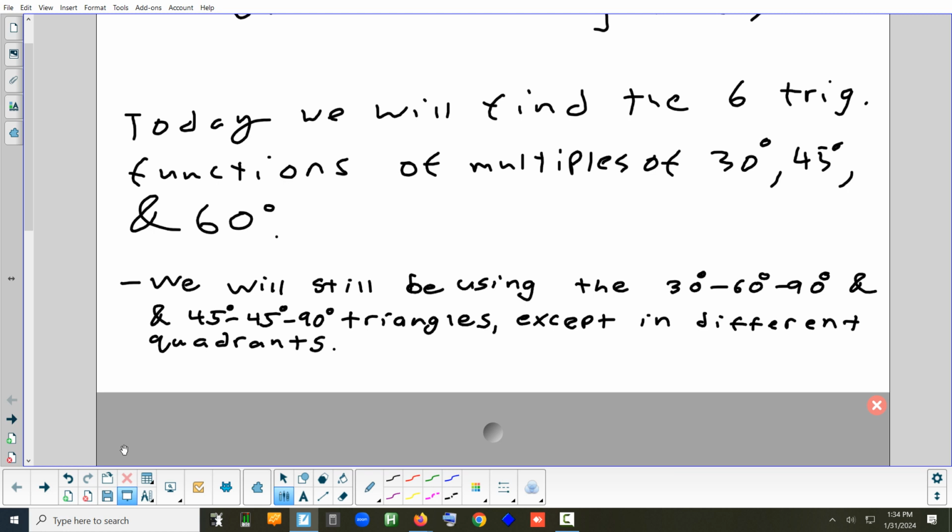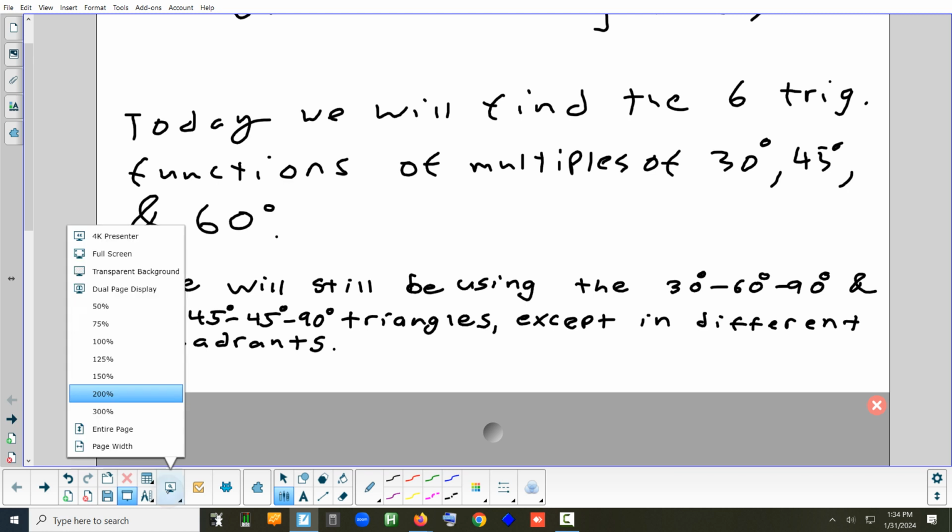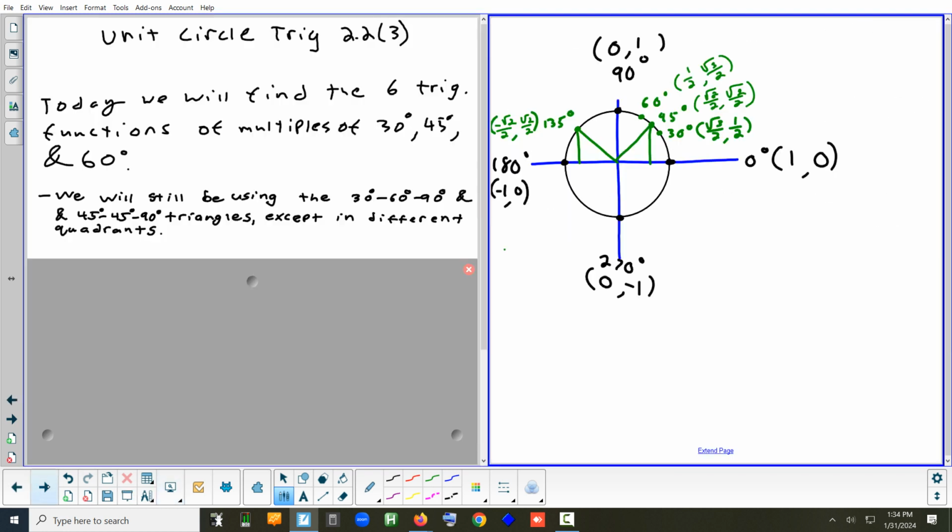Okay, so the coordinates that we had yesterday, we're still using them today. Still using the 30, 60, 90 and the 45, 45, 90. The only difference is we're going to be reflecting these triangles into other quadrants. Okay. There's the 45 reflected into every quadrant.